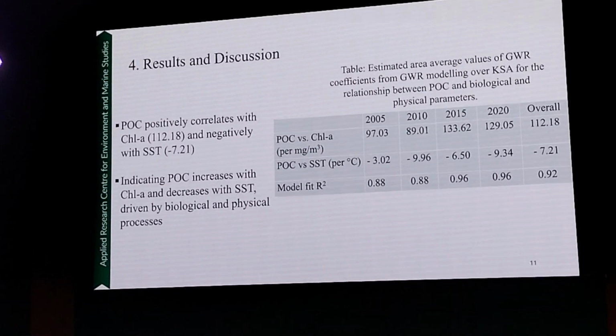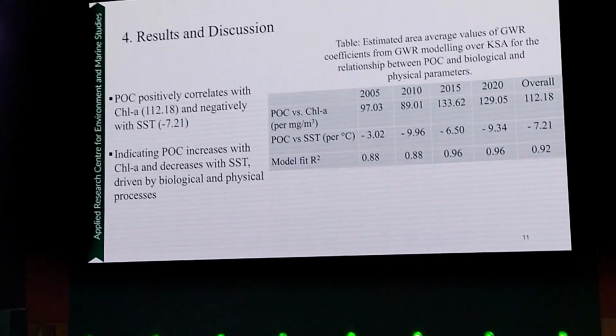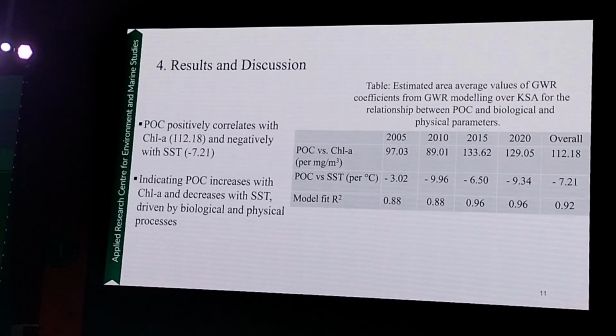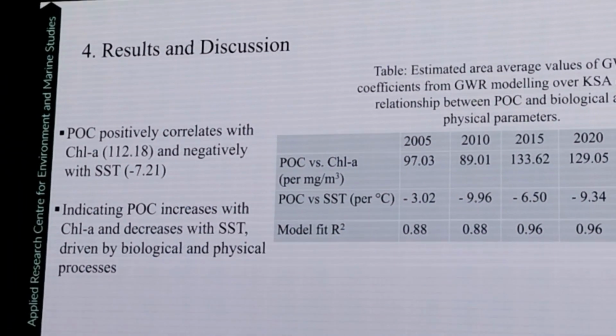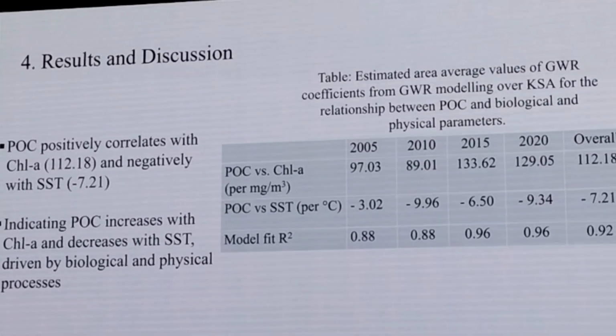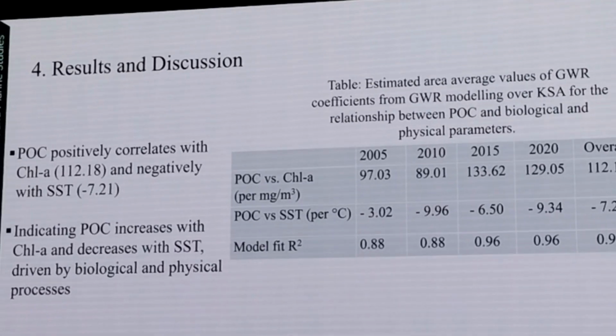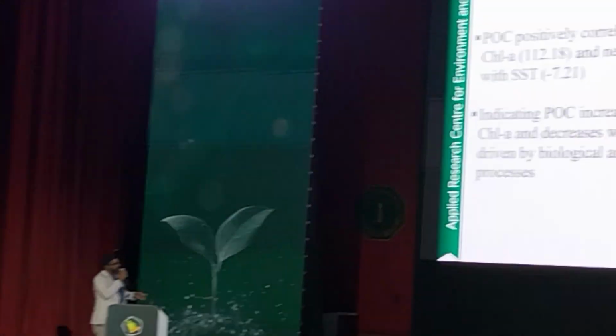for the year 2005, the particulate organic carbon and chlorophyll show a positive coefficient of around 97.03. But for the particulate organic carbon and sea surface temperature, you can see it's a negative 3.02.